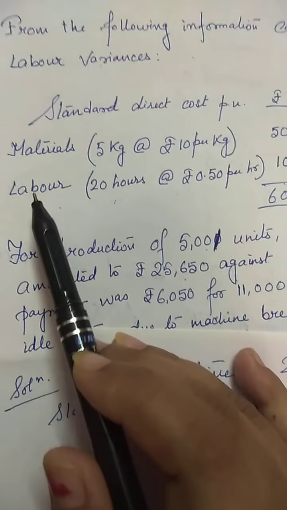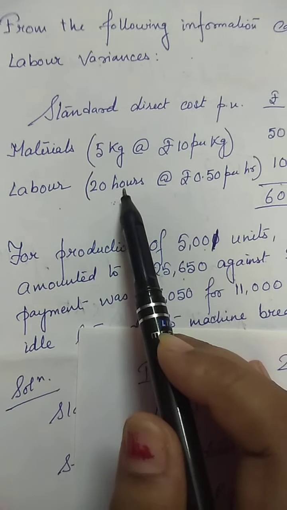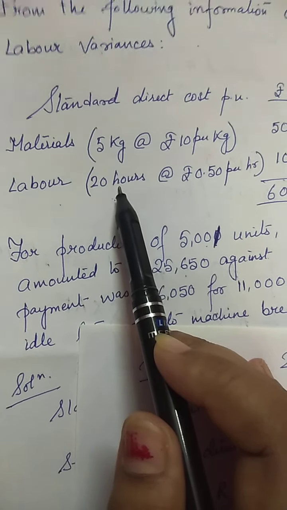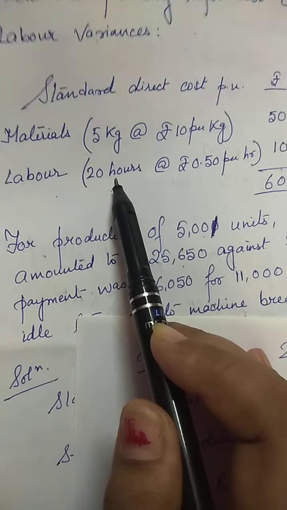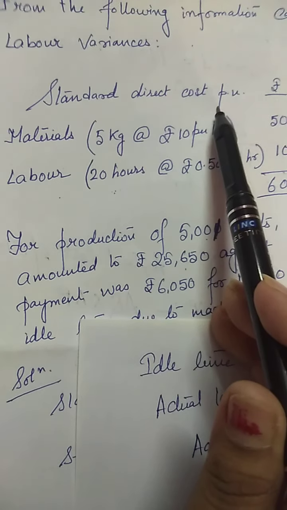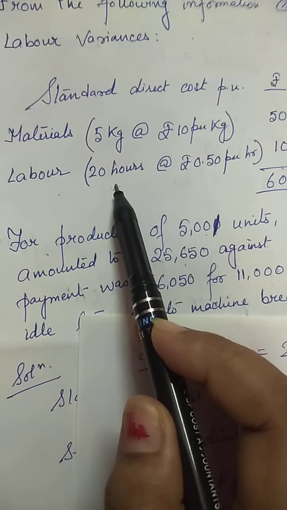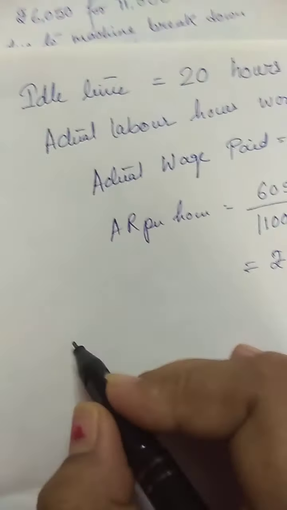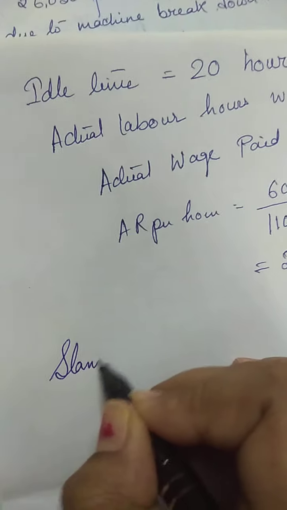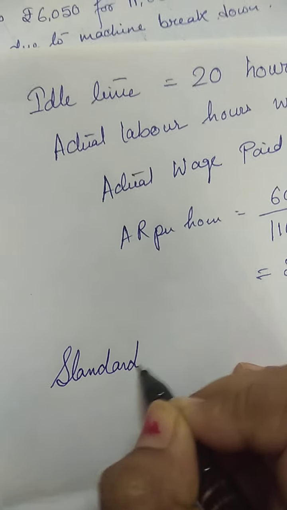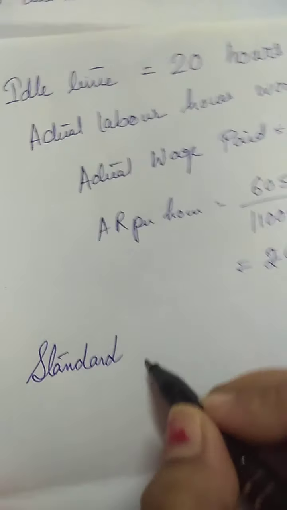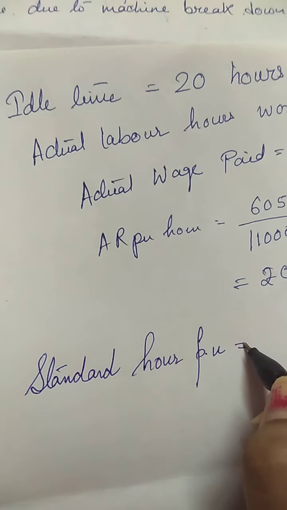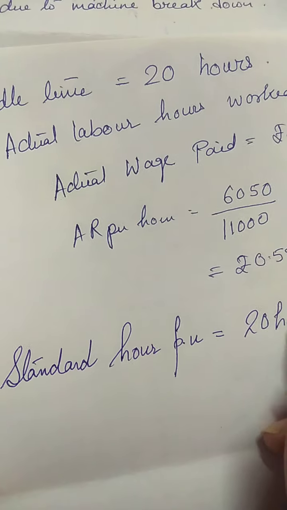regarding standard cost. If a labor works for 20 hours, it means we are presuming that in order to produce 1 unit, a labor should work for 20 hours. So, standard hour per unit is equal to 20 hours.